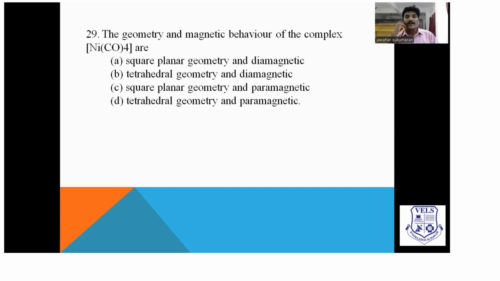The geometry and magnetic behavior of the complex Ni(CO)4 are A. Square planar geometry and diamagnetic, B. Tetrahedral geometry and diamagnetic, C. Square planar geometry and paramagnetic, D. Tetrahedral geometry and paramagnetic. Answer is B. Tetrahedral geometry and diamagnetic.